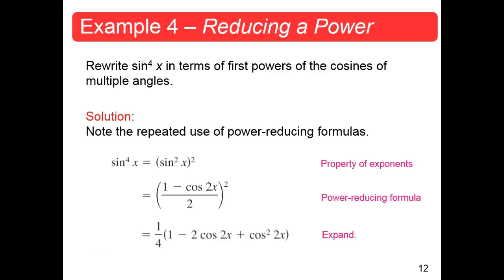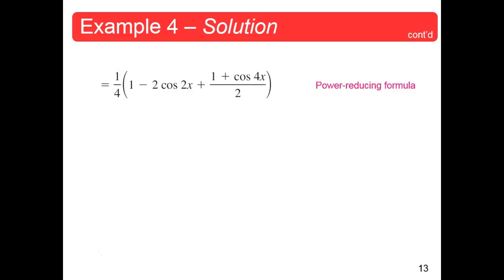Now, everything is hunky-dory except they wanted this to first power. We have a second power there. So what they do next is write, just like we did, that 1 plus cosine 4x over 2. They already have the 1/4 out front, so this might be a little bit easier to do.